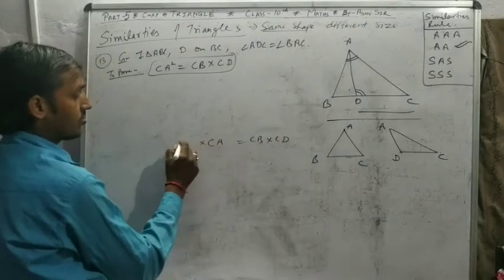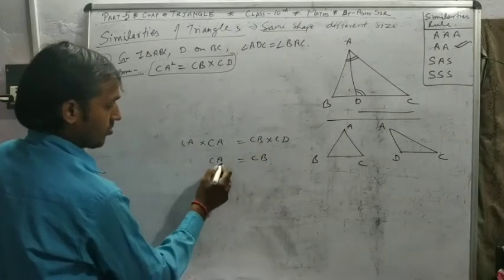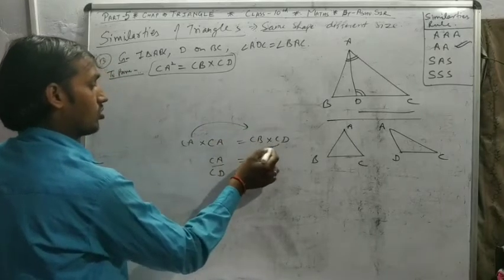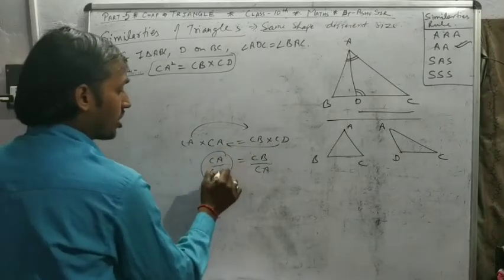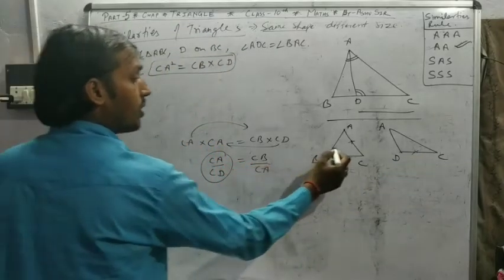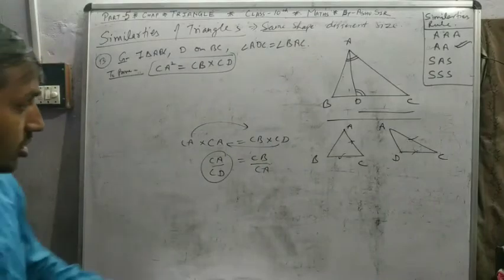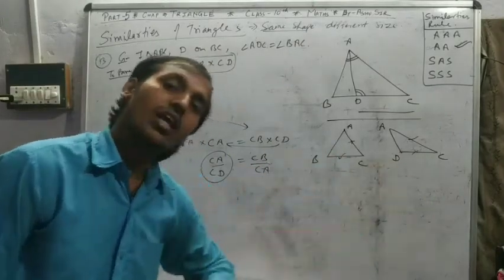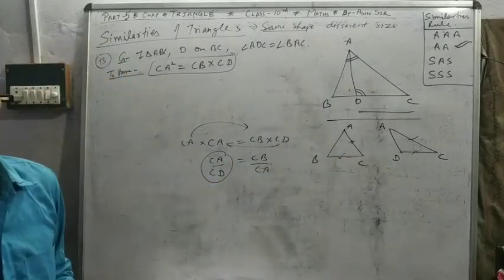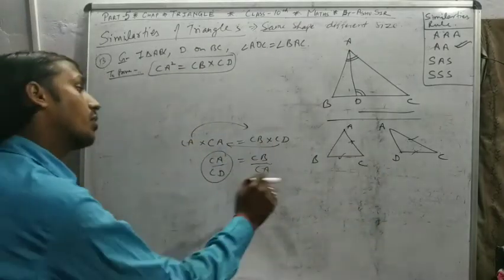Can we write CA upon CD, and CB upon CA? That's a ratio of 2 sides between these 2 triangles. But when the triangles are similar, these ratios are equal. Means firstly prove that the triangles are similar.